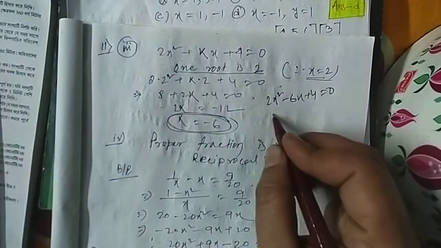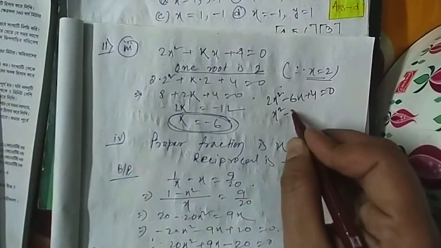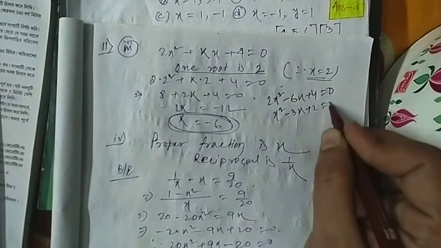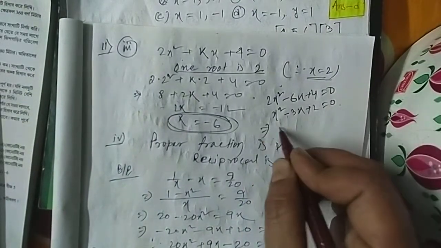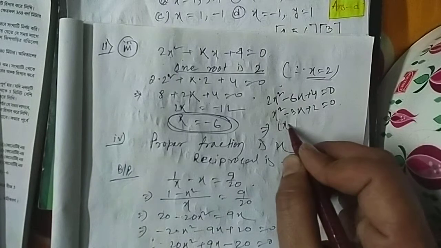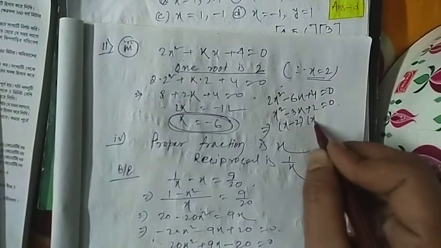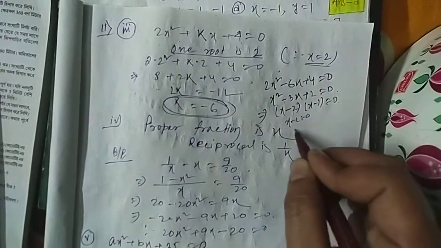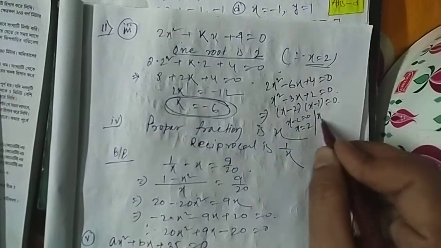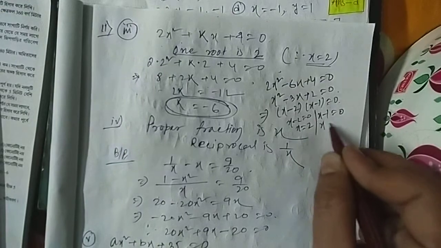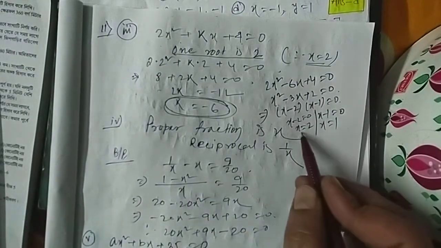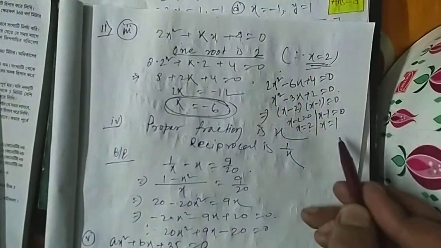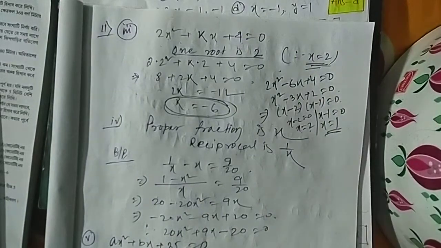If we divide each term by 2, then x square minus 3x plus 2 equal to 0. Then taking the middle term, we get x minus 2 into x minus 1 equal to 0. So x minus 2 equal to 0, x equal to 2, and x minus 1 equal to 0, so x equal to 1. So if one root is 2, then the other root will be 1.